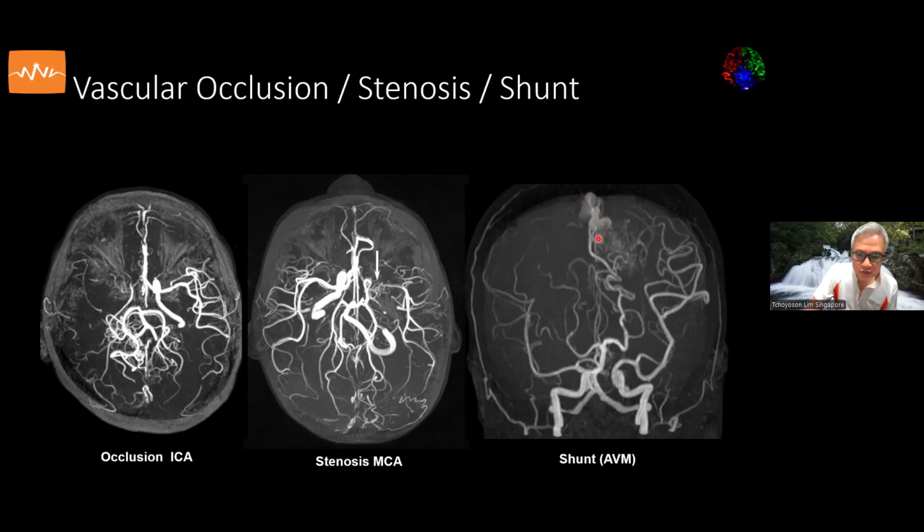This represents shunting in an arterial venous malformation, which we will come across later. So these are some examples of the arterial tree that we can acquire. These are all using time-of-flight pulse sequences.